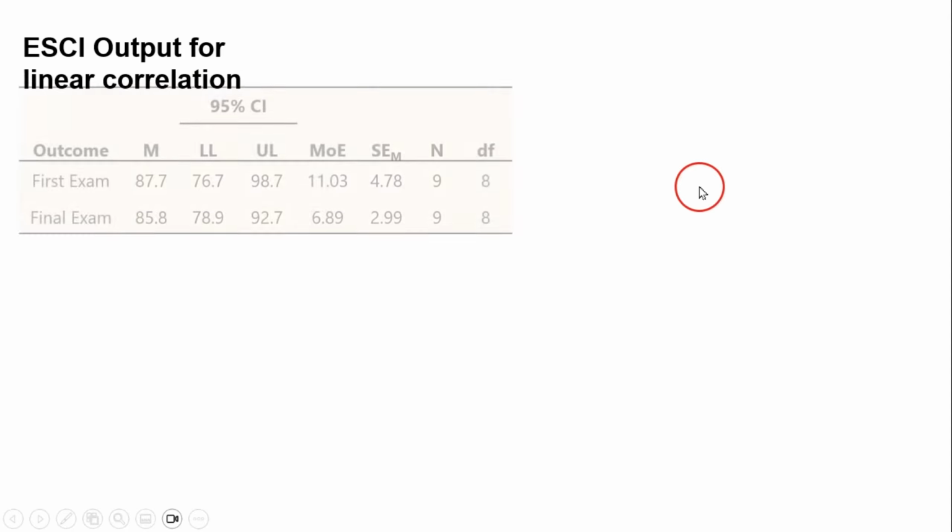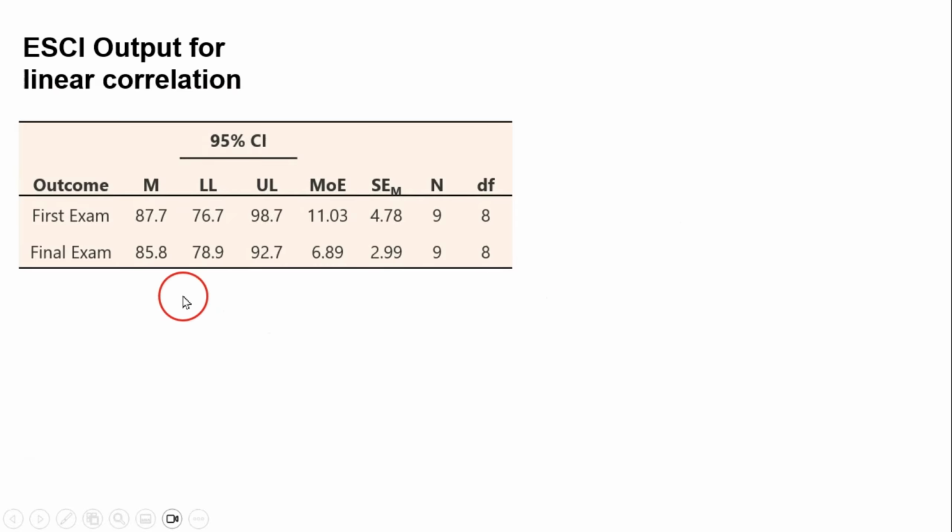And here's the output. So you can see the table here. It's giving you the mean of the first exam and the mean for the final exam. 87.7 for the first exam and about 86 or so for the final exam.